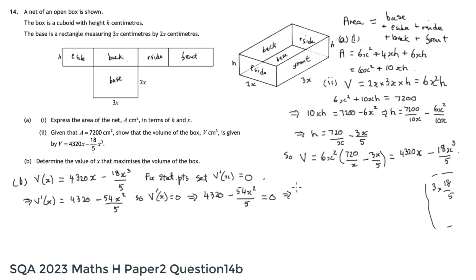So we know that 54 times x squared over 5 will equal 4,320. Let's continue. We'll multiply both sides by 5 and divide both sides by 54 to get 1x squared. So the right hand side gets multiplied by 5 and divided by 54.